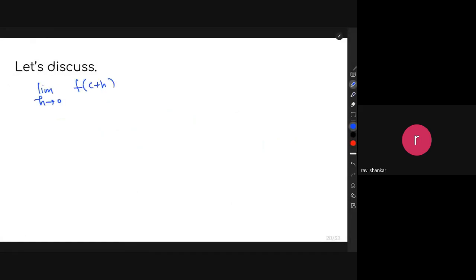Let's say if it is minus, you can think of f of c as c divided by h, and if the limit is positive, then you can think of subtracting f of c from it.